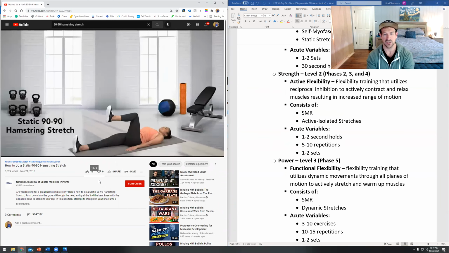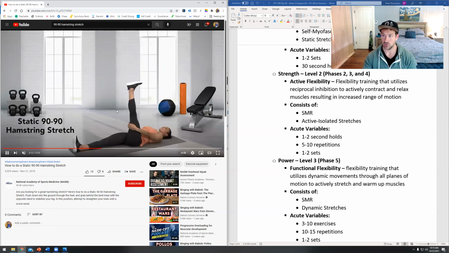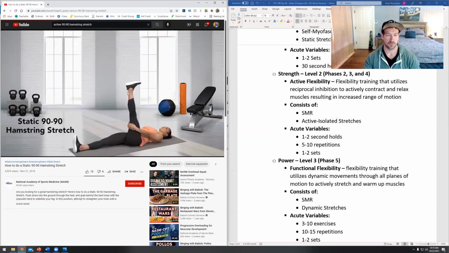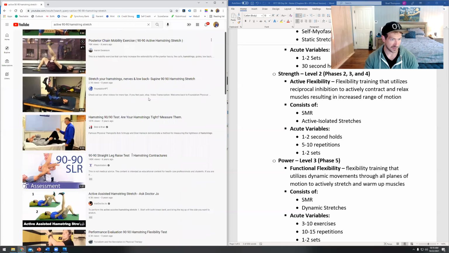She's going to take her hand back for support, and then she's just going to straighten the leg, hold it for about 30 seconds, right? You can watch the whole 30-second video, but we're not going to do that. But there's also the active version of this, which is exactly the same thing.